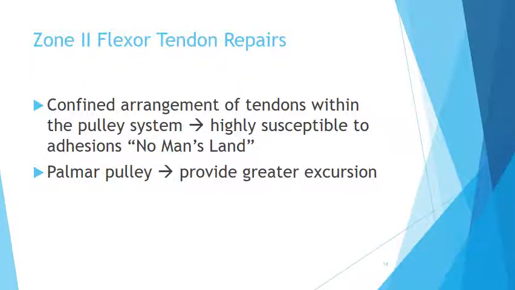You may have heard about the term no man's land, an unoccupied or disputed area or ground between two armies. Well, if you have a flexor tendon injury in zone 2, it is also known as no man's land. It's because the FDS and the FDP run so closely together in an already confined space.